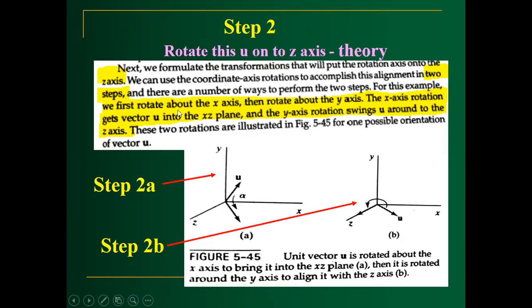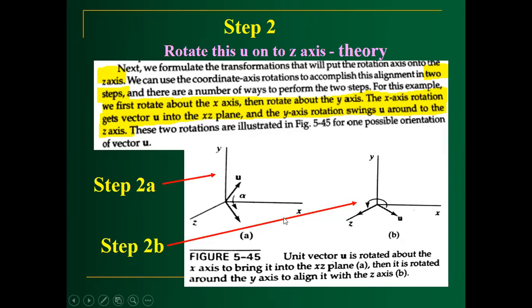First, we will rotate about the x-axis, and then we will rotate around the y-axis. The x-axis rotation gets this vector u, which in the first step we already coincided with the origin, into the xz plane.